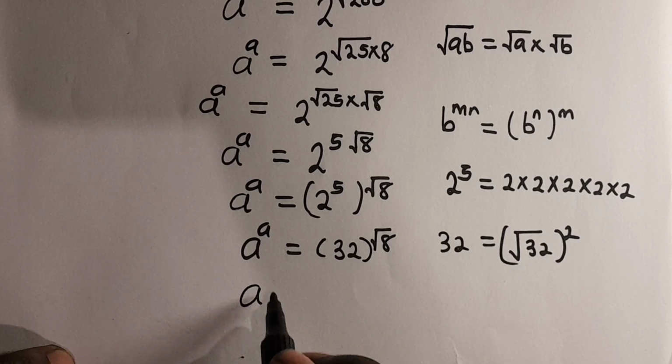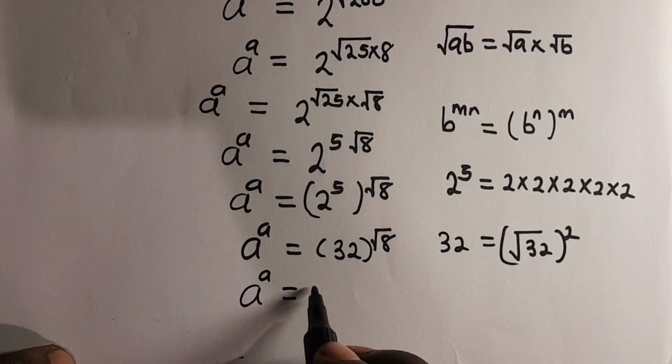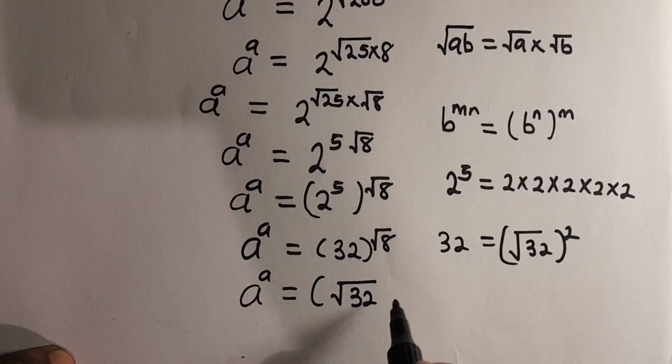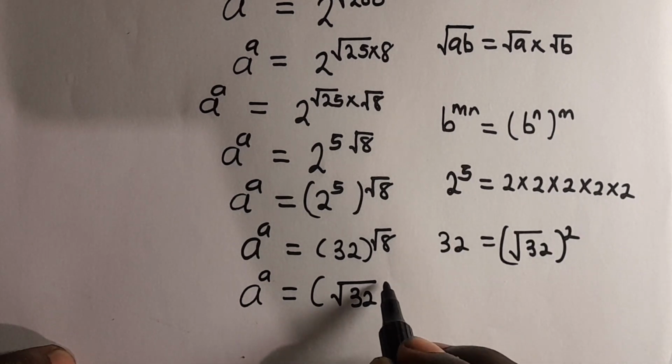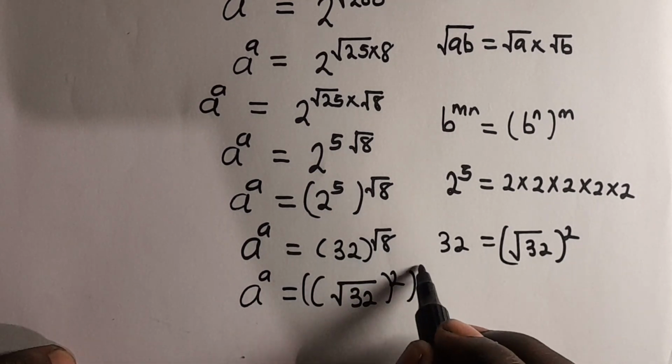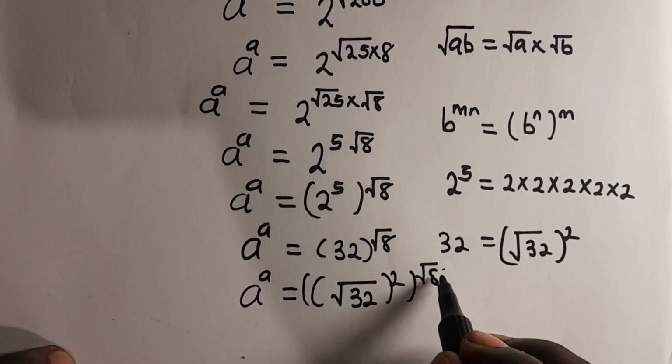We are going to have a raised to power a to be equals square root of 32 raised to power 2 and also raised to power square root of 8.